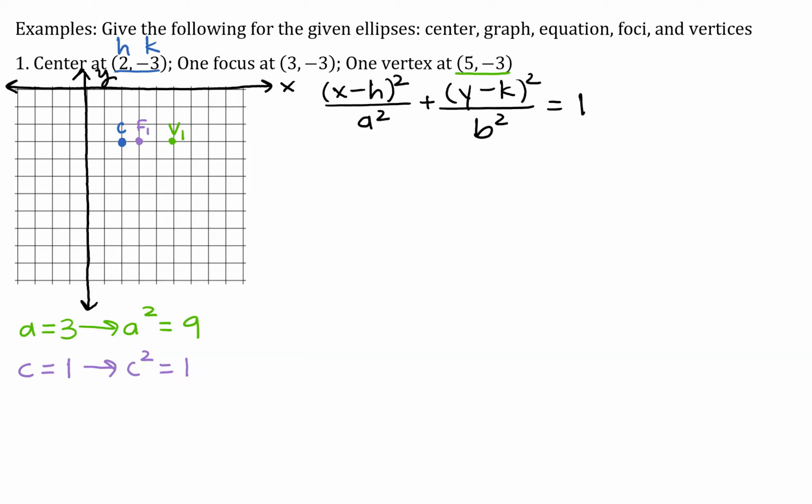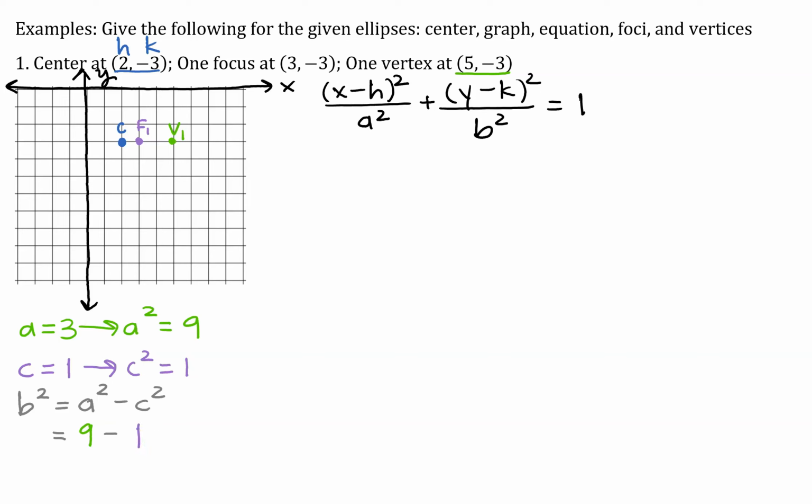And then we can use the equation that relates a, b, and c. That equation is b squared is equal to a squared minus c squared. We can use that equation to find little b and little b squared. So plugging in, little b squared is equal to 9. That's the value for little a squared. And then we will subtract 1.